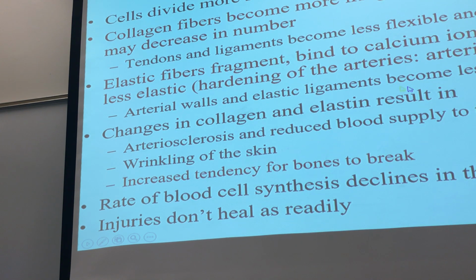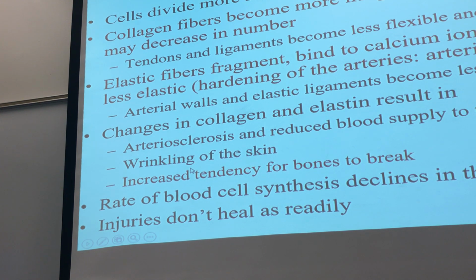Changes in collagen and elastin result in arteriosclerosis and reduced blood supply to tissues, wrinkling of the skin, and this big one, increased tendencies for bones to break. Do you guys know that if you have older parents between the age of 60 to 75, and they break their hip at any time, and actually when you break your hip, you're breaking part of your femur, not the actual hip bone, we'll talk about that.